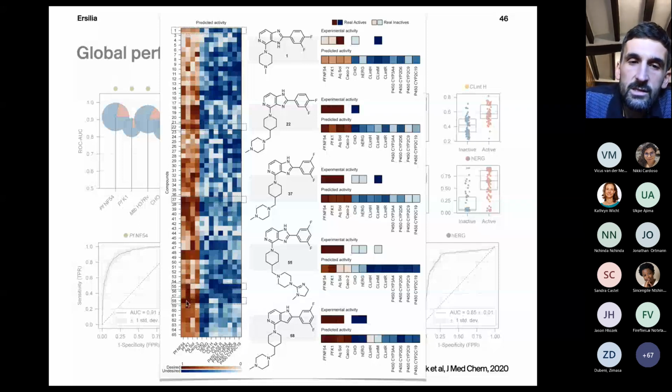And by looking at these predicted profiles of desired and undesired properties, we can hopefully pick the compounds within a series that we believe are more interesting.